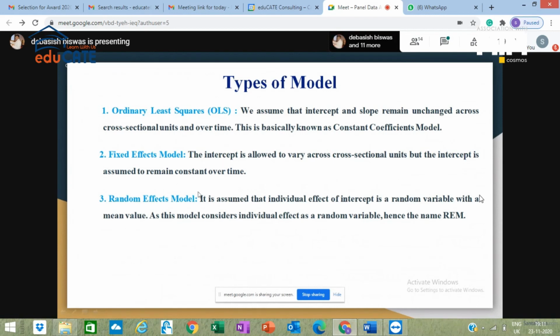So in this case, what is the difference? In the fixed effect model, we are not considering the mean value of the intercept. But in case of the random effect model, suppose there are 10 cross-sectional units, so we are getting 10 random variables, and after that we are taking the mean value of those values of the random variable. So that's why this model considers individual effect as a random variable, hence the name is given random effect model.